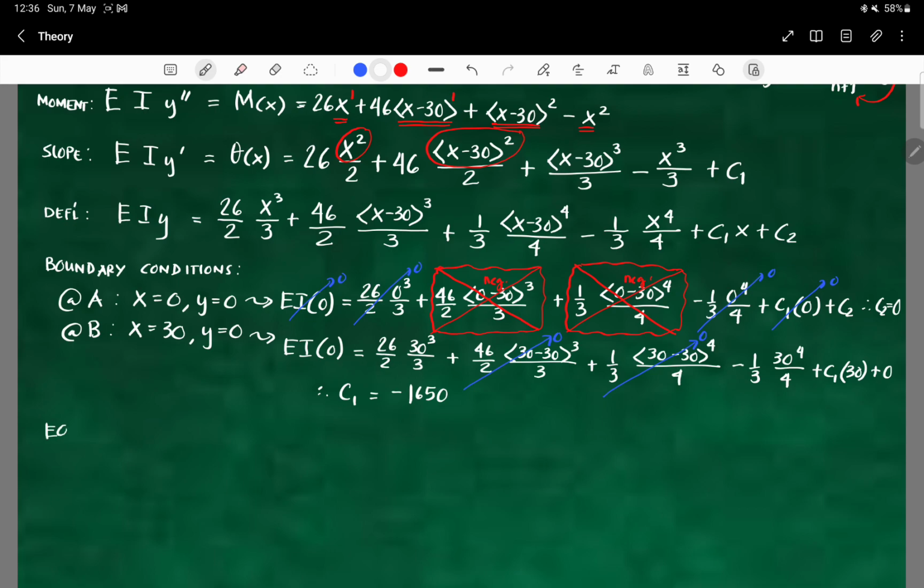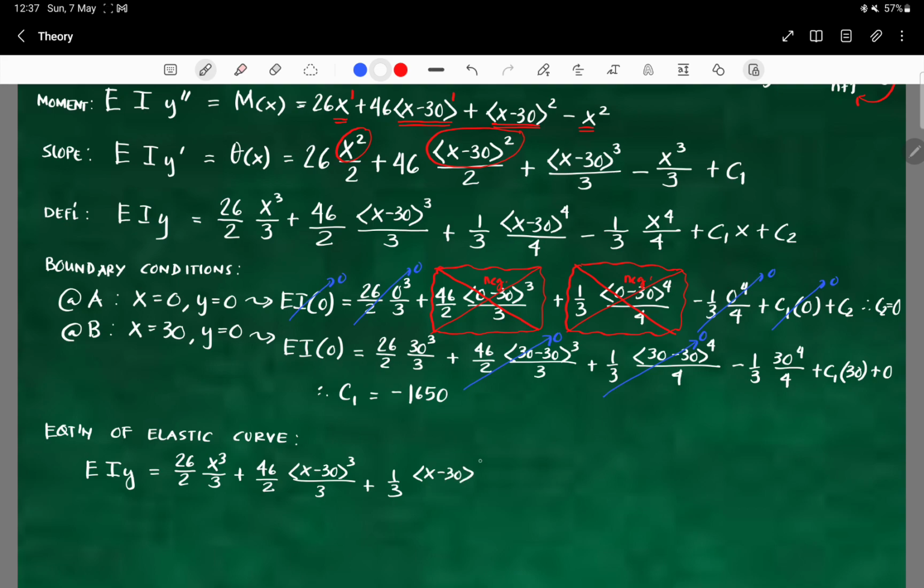Now we have the equation of the elastic curve. So we have EIy, which is equivalent to 26 over 2 x cubed over 3 plus 46 over 2, this is x minus 30 cubed over 3 plus 1/3 of x minus 30 to the power 4 over 4 minus 1/3 of x to the power 4 over 4.